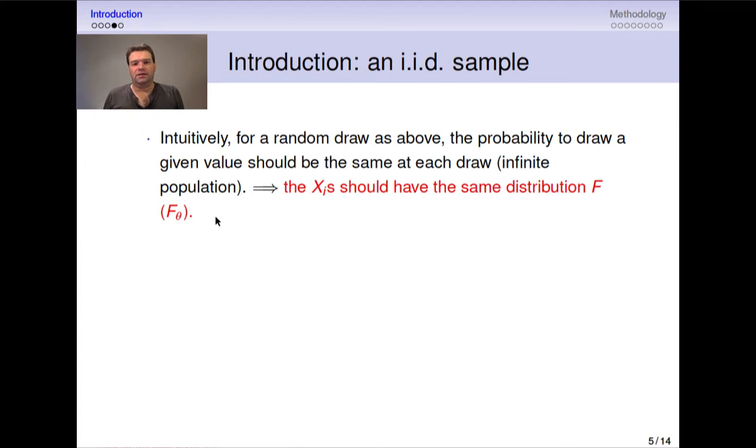But Xi is the same. You pick an individual in the population, this individual has many possible values for the height, and it has a distribution. Therefore, what we want with this assumption is to say that at each row, Xi should have the same distribution.